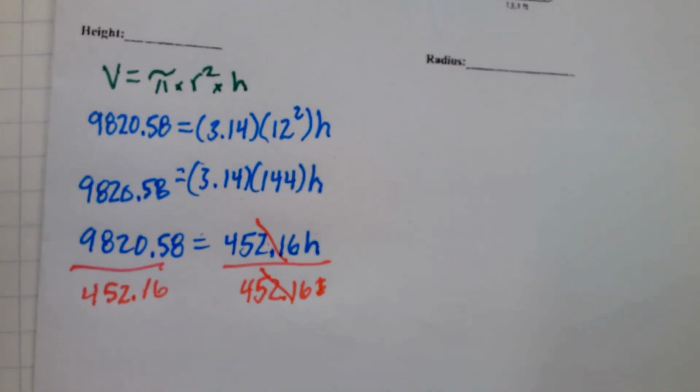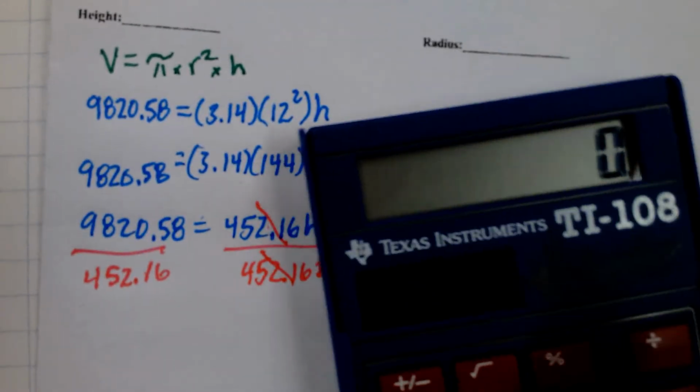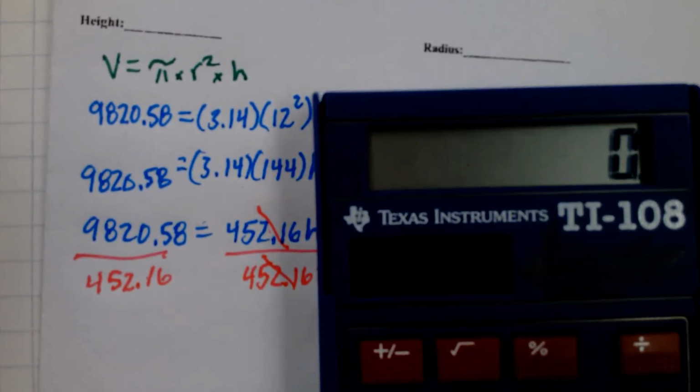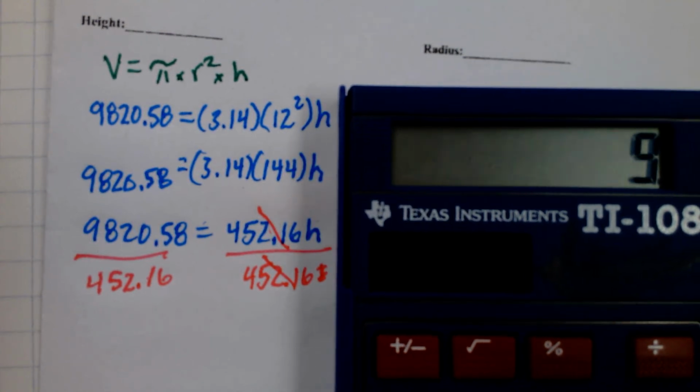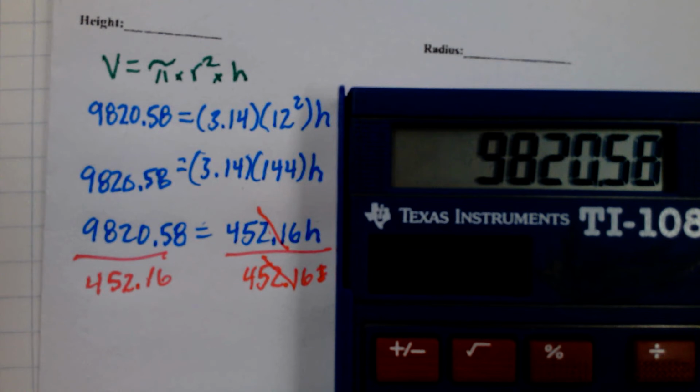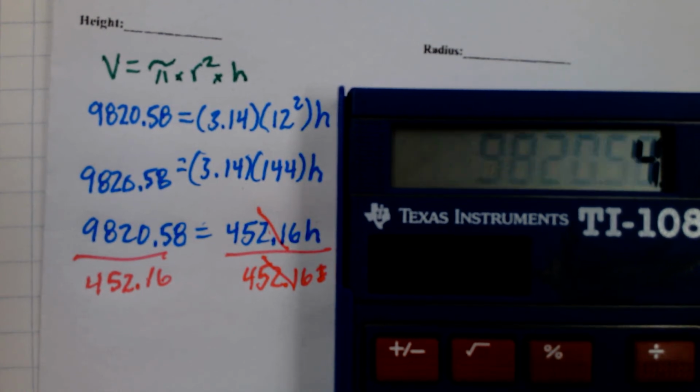The only math left is this division: 9820.58 divided by 452.16.